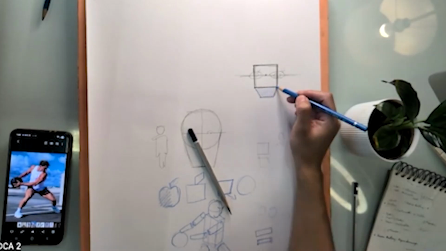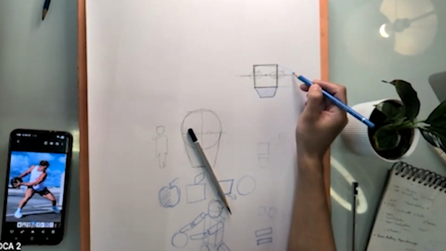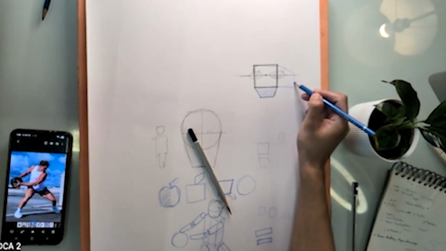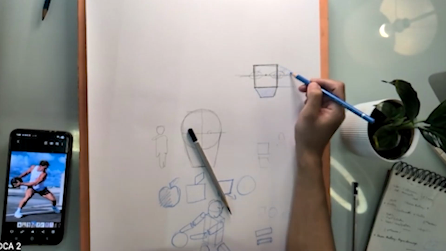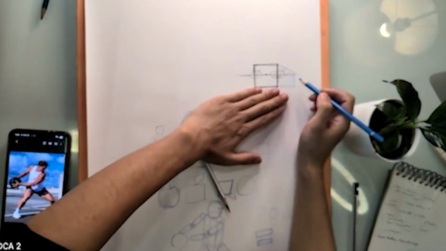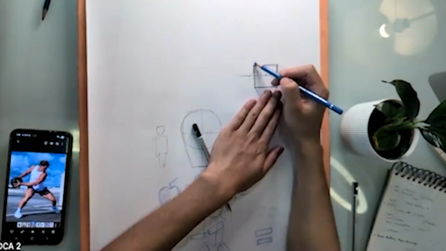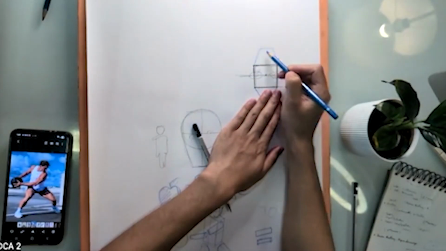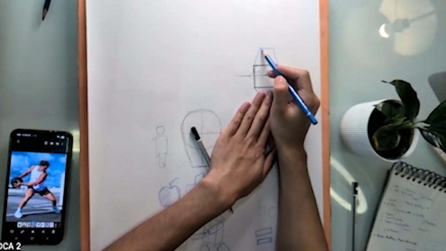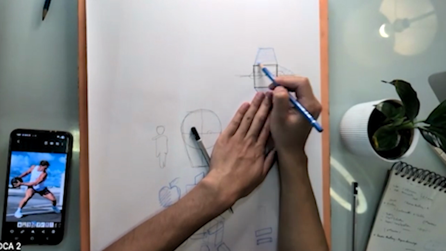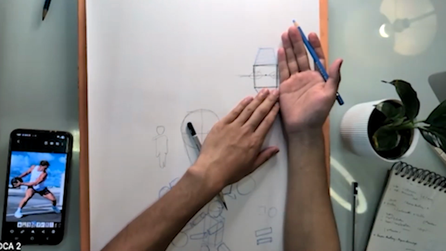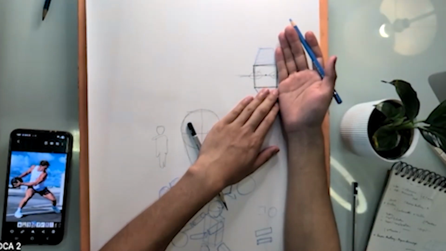However, if I were able to see it from here, it's straight. Now, this also changes the whole perspective of it. Now, if I were able to see the top side, the upper part of this square, or it could be a rectangle or whatever, see, look at this. Now it changes the whole perspective.